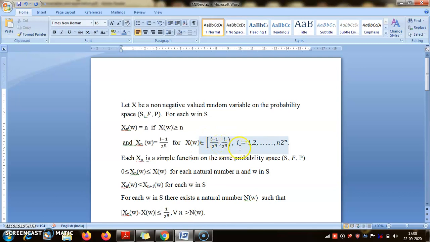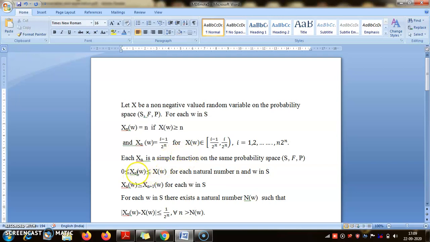So Xn(ω) will take the value 0, 1 by 2 to the power n, 2 by 2 to the power n, up to n minus 1 by 2 to the power n, or n. So there are finitely many values that each Xn is taking. So they are simple random variables on the same space. And now you can see that these are non-negative valued because all the values of Xn are non-negative.